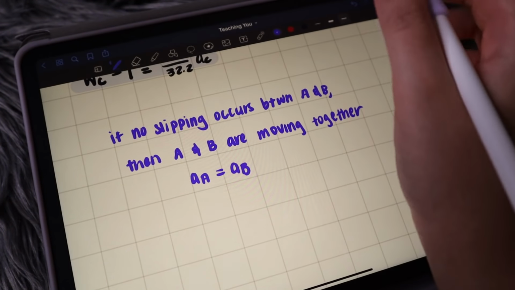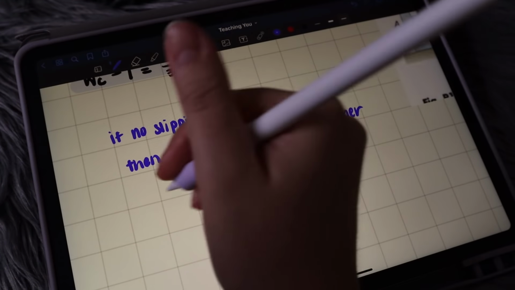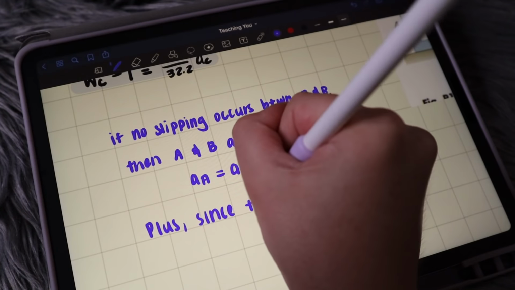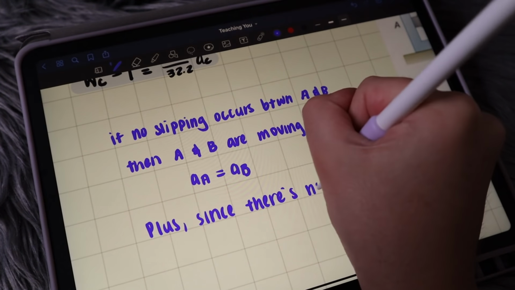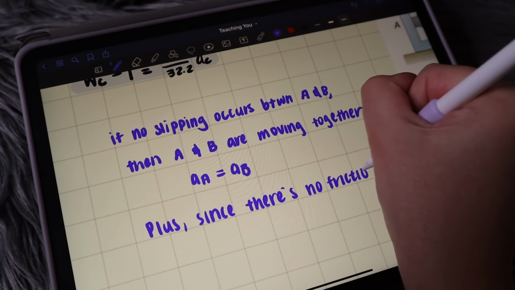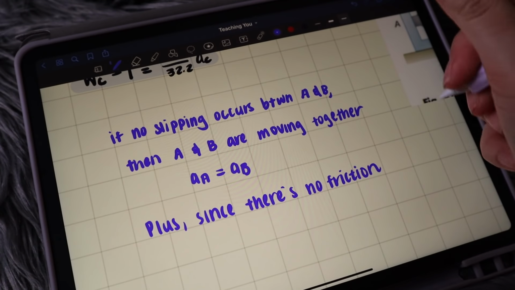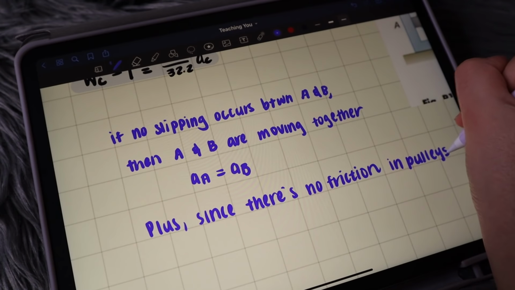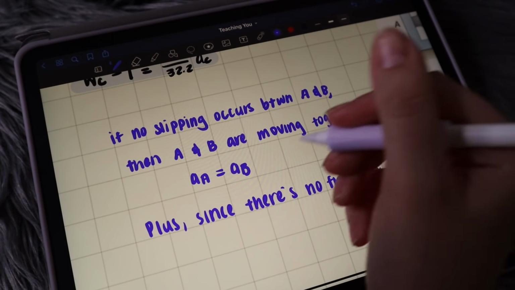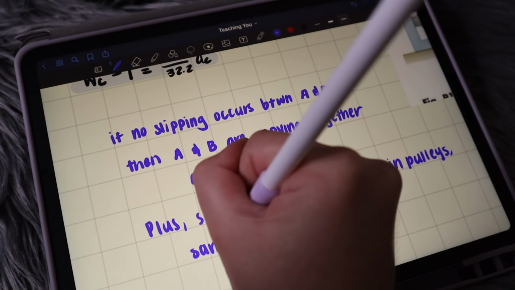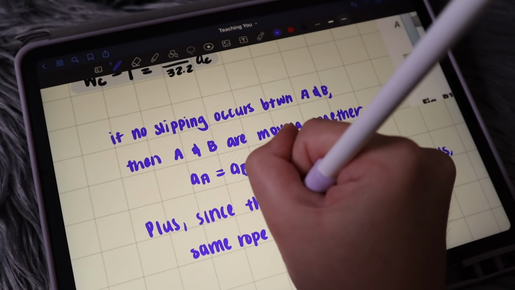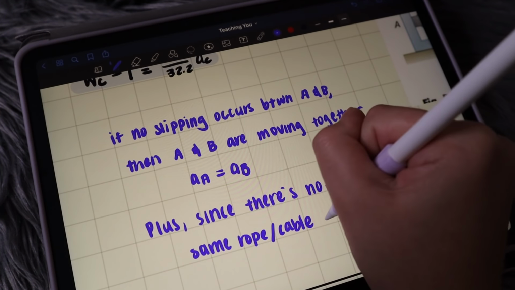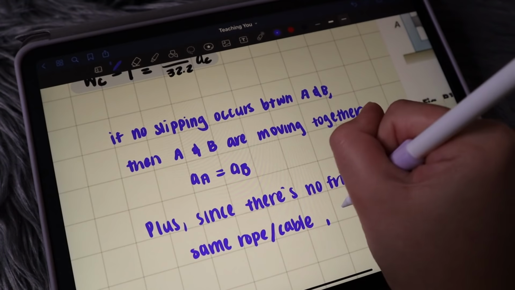So we can write, since there's no friction in the pulleys, we can say that the same rope or cable means same acceleration.